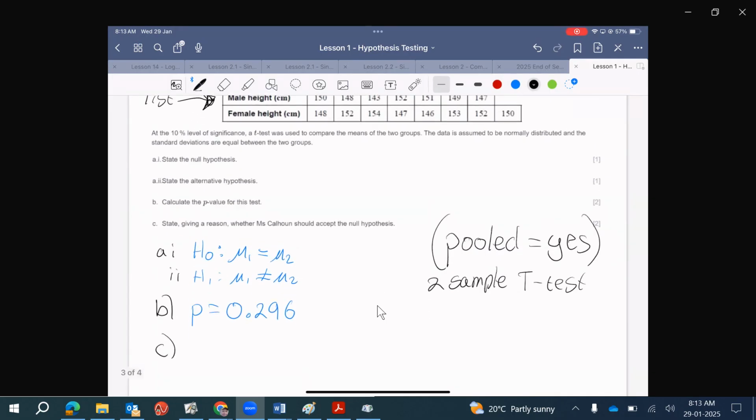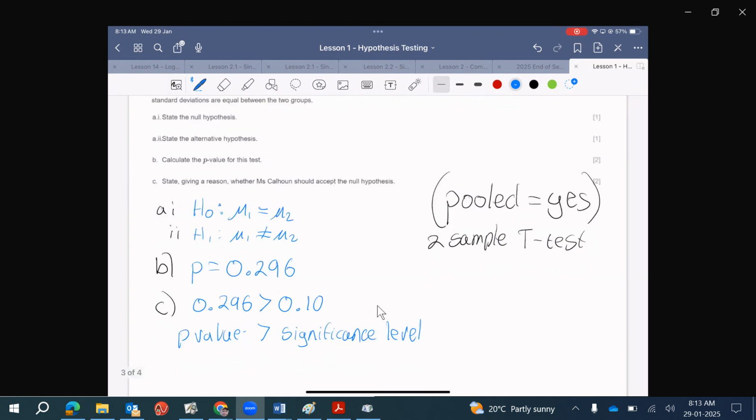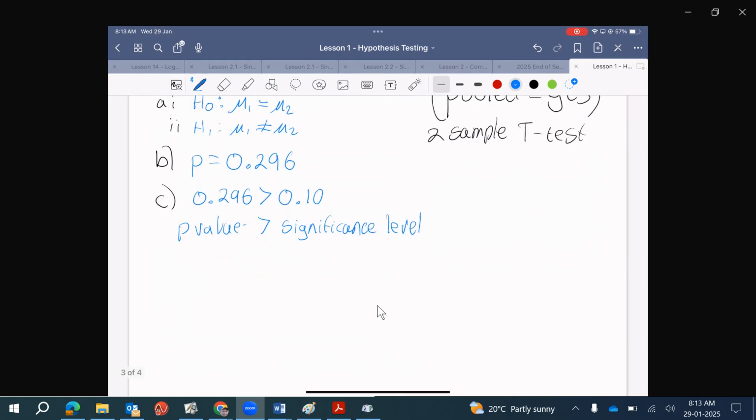So now we have 0.296 is greater than 0.10. So the p-value is greater than the significance level. So do we reject or fail to reject?